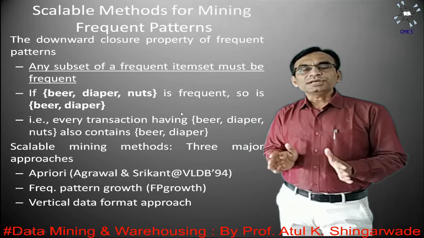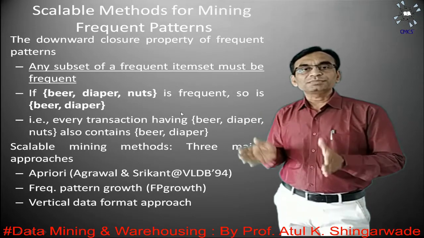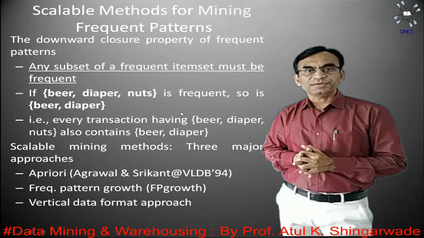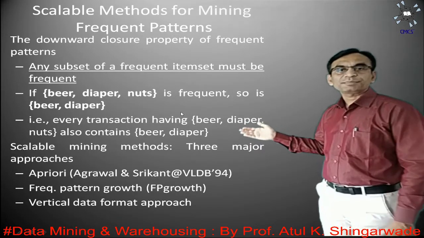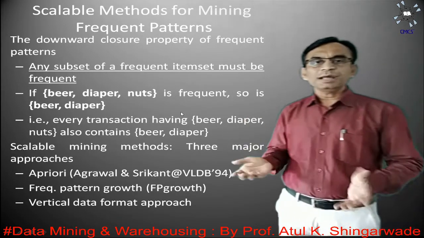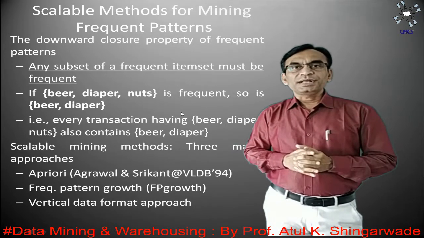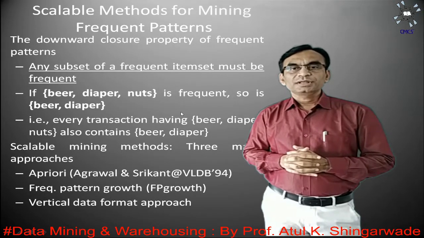If those three items are frequent, then the subset beer and diaper is also frequent. That is, every transaction having beer, diaper, nuts also contains beer and diaper. This is the downward closure property of frequent item sets or frequent patterns.